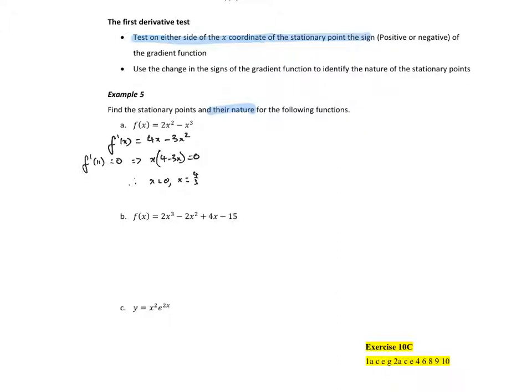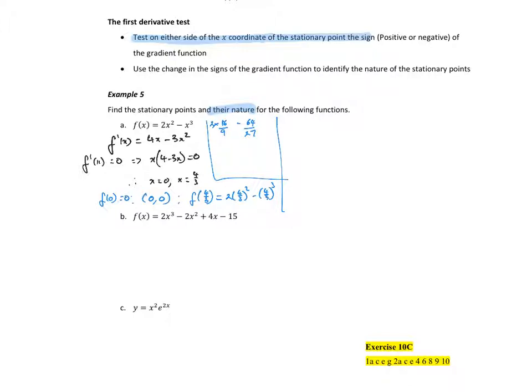So the corresponding y values, well, f of 0 is equal to 0, so that coordinate is (0, 0). f of 4/3 is equal to 2 times (4/3) squared minus (4/3) cubed. Which is 2 times 16 on 9, minus 64 over 27.